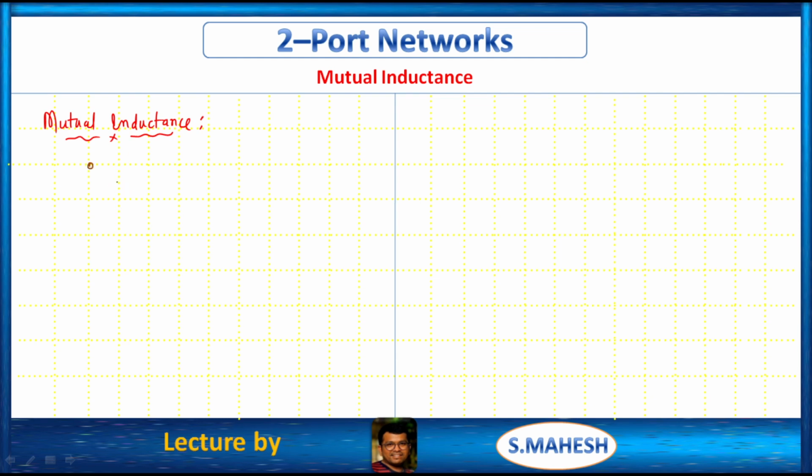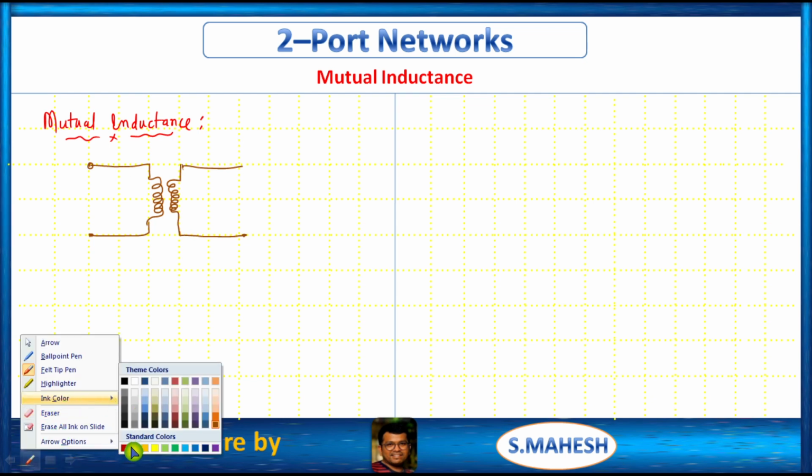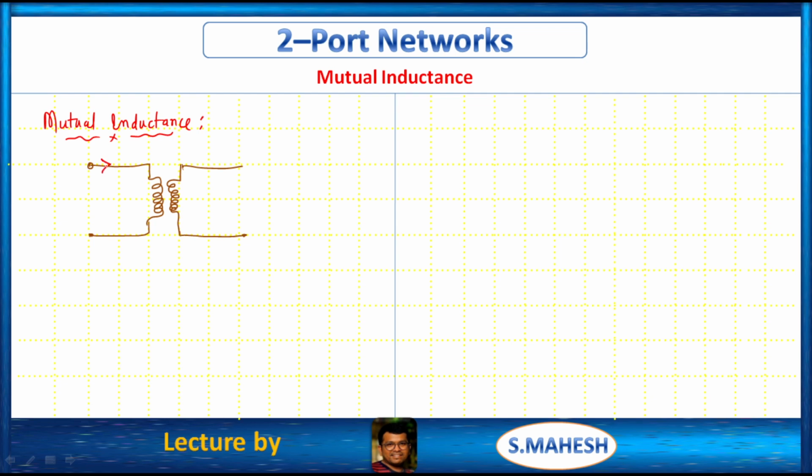For this mutual inductance, this is the circuit. The current through this is I1, and this is I2.